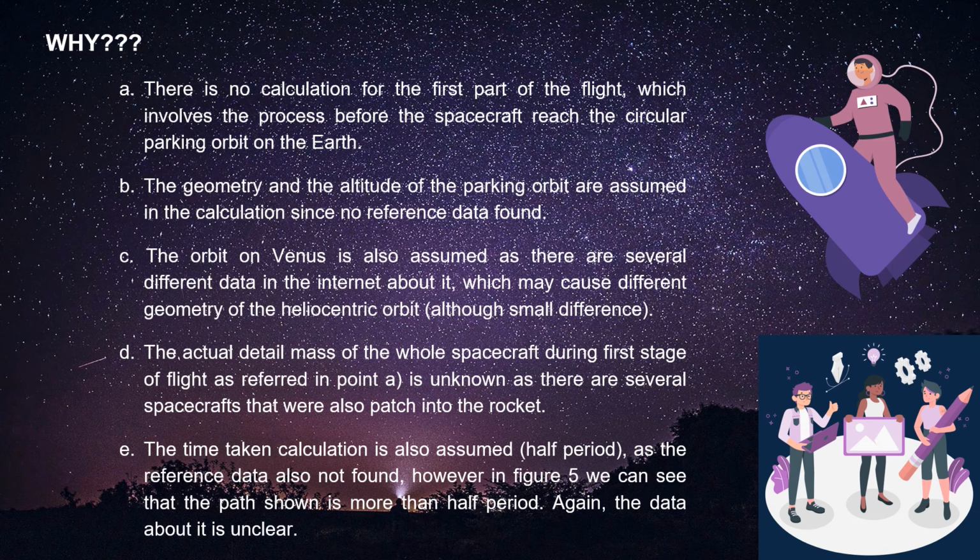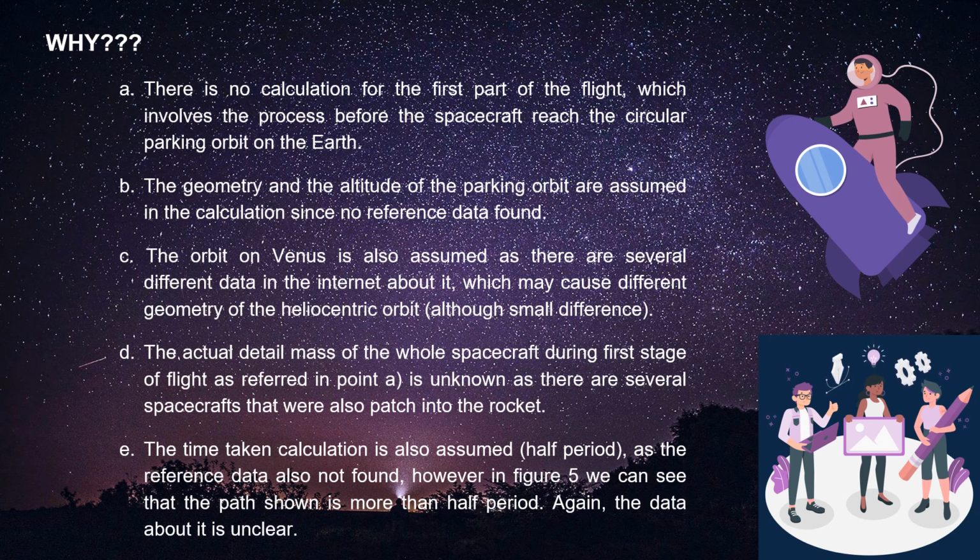But why is there a difference between the real reference data and the recalculated one? I suspect the difference is due to the following. A. There is no calculation for the first part of the flight, which involves the process before the spacecraft reached the circular parking orbit on the Earth.